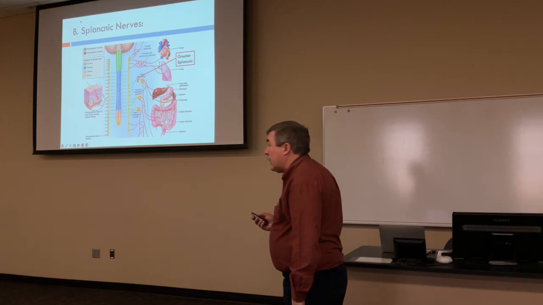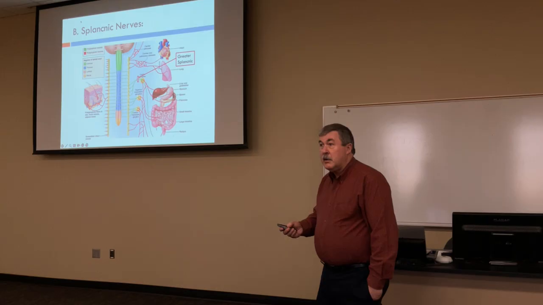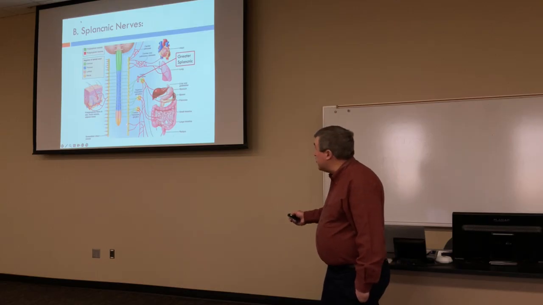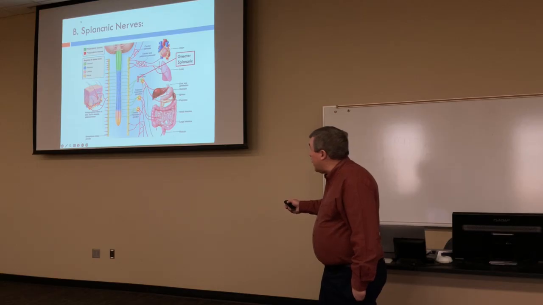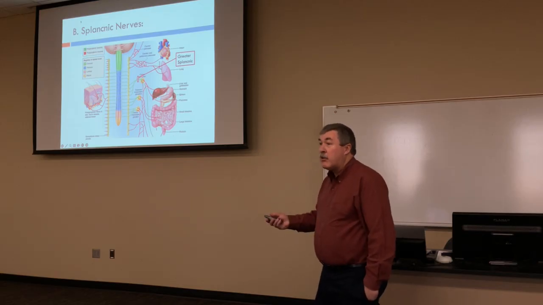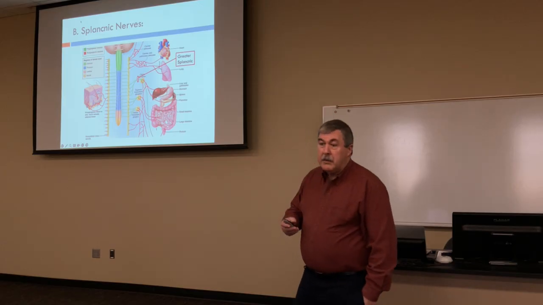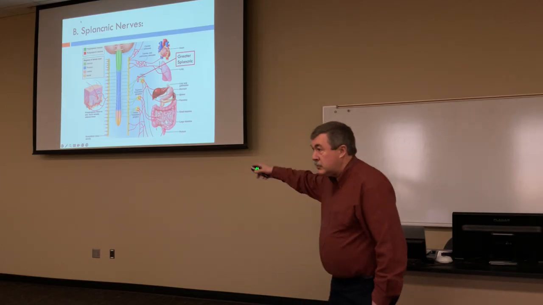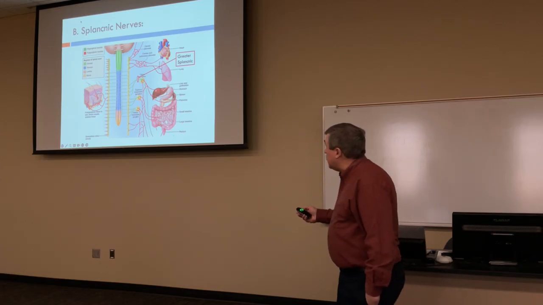The preganglionic neurons in the sympathetic division are relatively short, and most of them synapse in the sympathetic chain ganglia, right along here. There are some that synapse outside of the sympathetic chain. Those are called prevertebral ganglia, or collateral ganglia. But most of them are relatively short, and then from there, the postganglionic neurons carry the signals to the effector organ. So yes, this is a diagram of the sympathetic division.